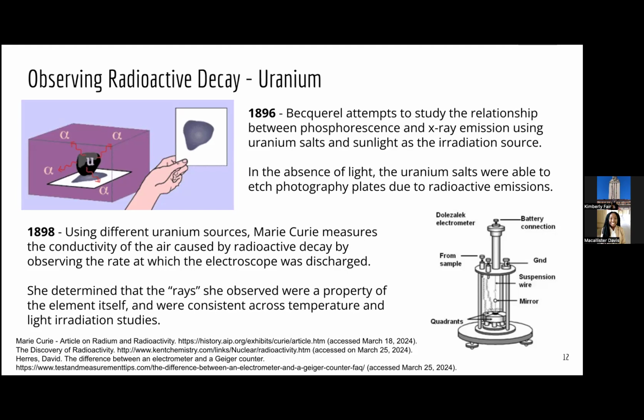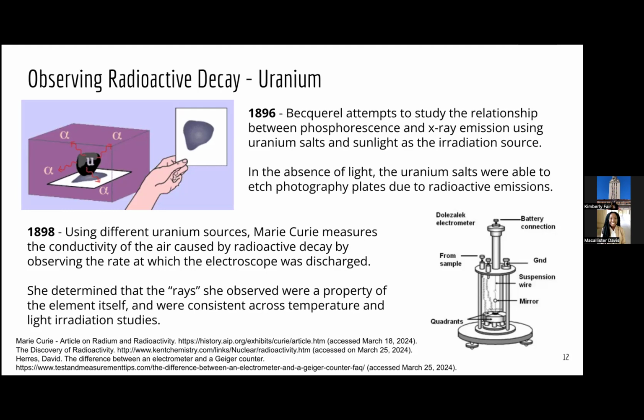He would then irradiate this with sunlight and note any relationship between phosphorescence compared to X-ray emission that had been recently discovered. However, on a cloudy day in Paris with no sunlight, he decided to put his experiment into a desk drawer and close it. In the absence of light, the photographic plates still became etched from radiation given off by these uranium salts. This kind of kicked off a fascination with radioactive emissions.